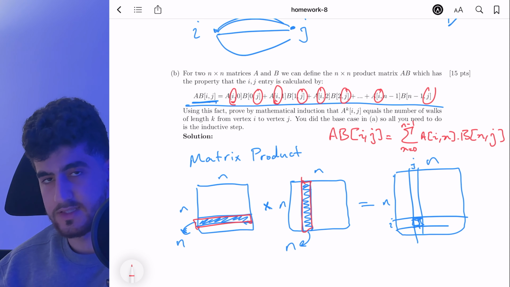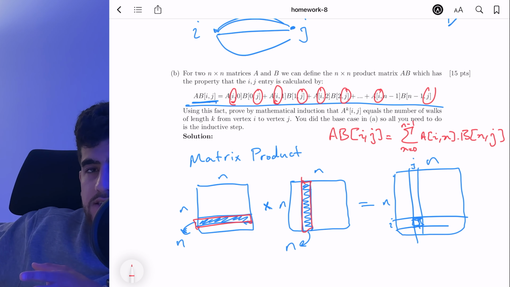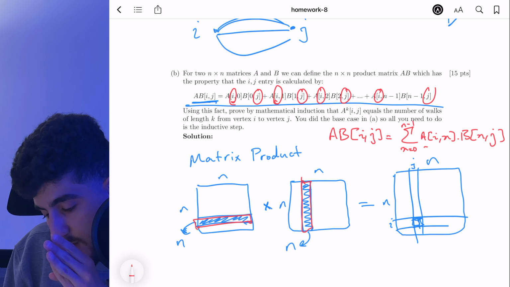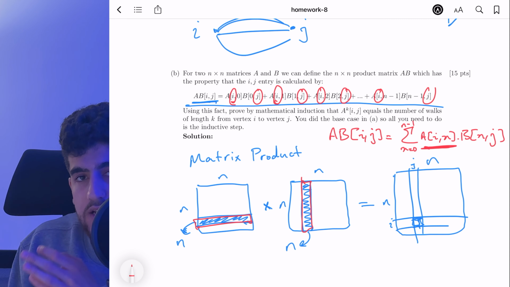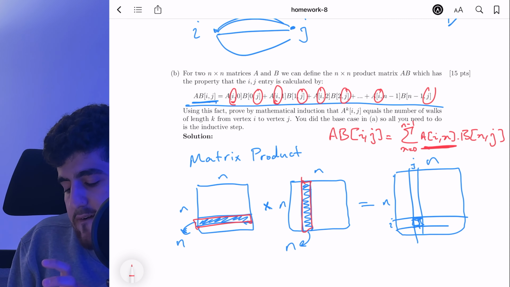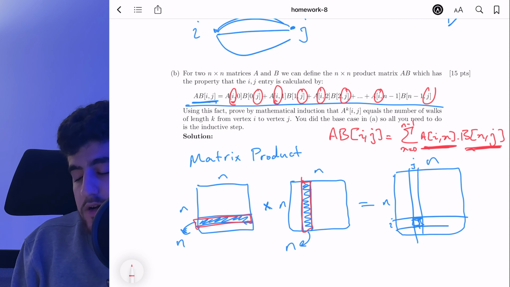So this is the element number x from row number i of A times the element number x from the jth column of B.